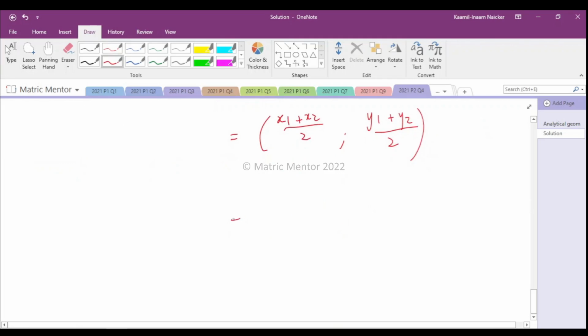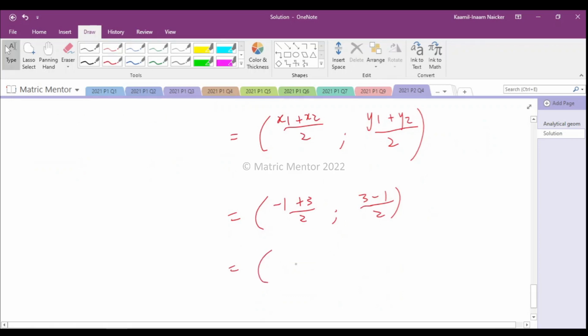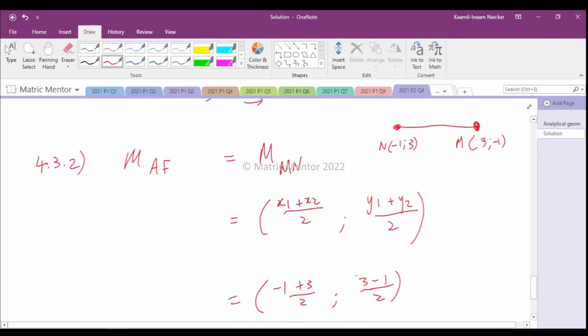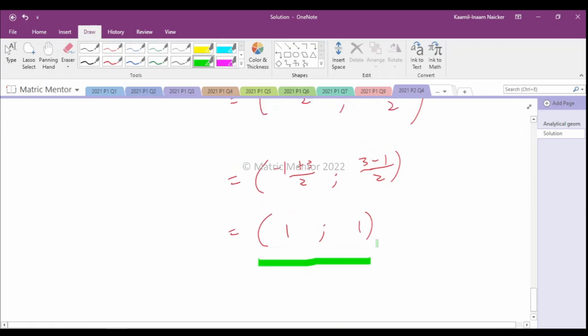So equals minus 1 plus 3 over 2, and the y value is 3 minus 1 over 2. I can scroll down. This becomes 1 and 1. So the midpoint of AF is equal to 1 and 1.